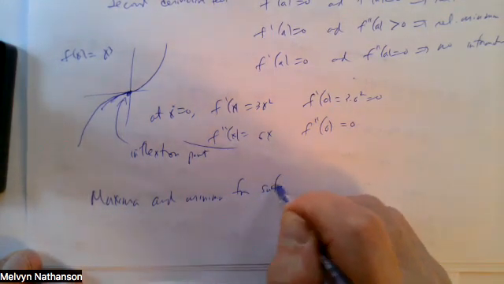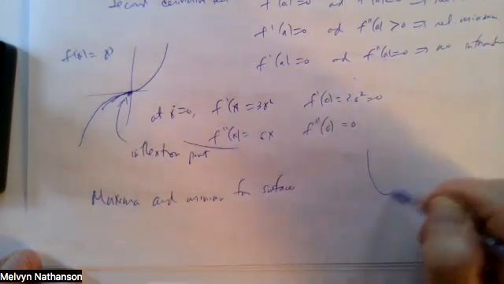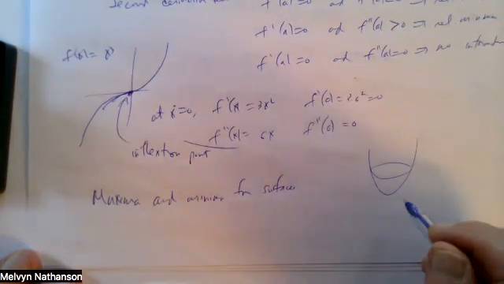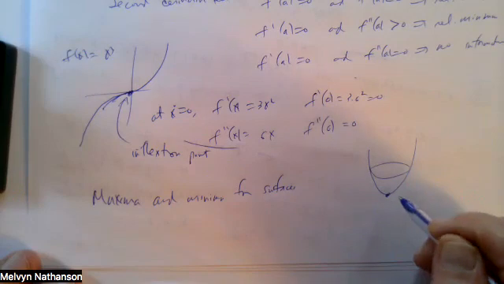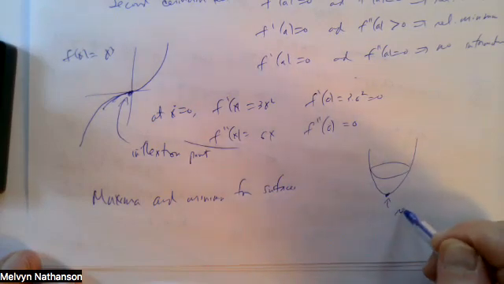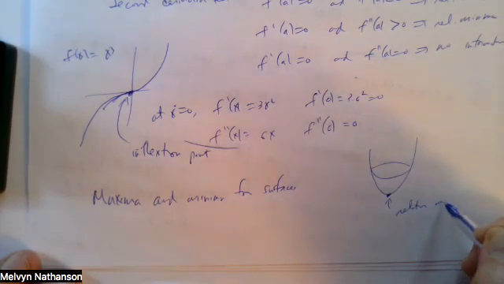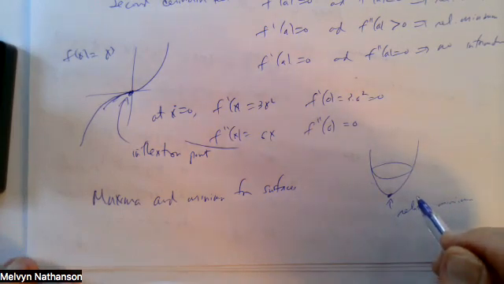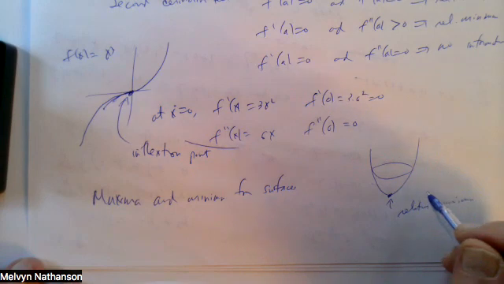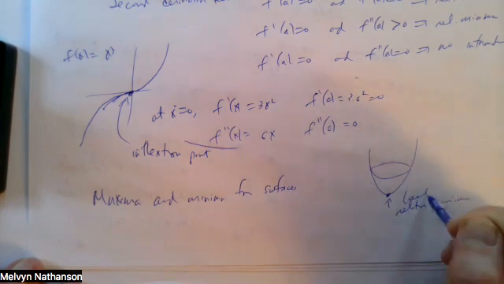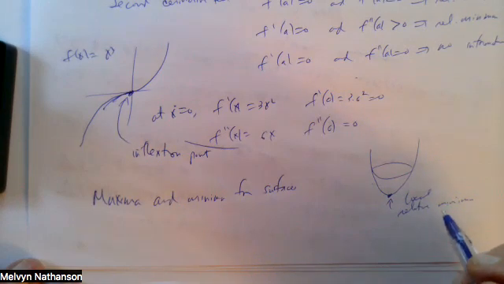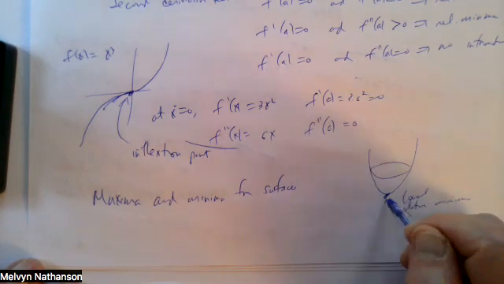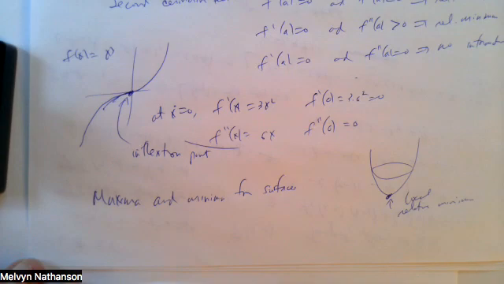for surfaces. So for example, if you have a kind of paraboloid, this point here at the bottom will be a relative minimum. Or sometimes these are called local minimums, local maximums. And how do you find such a point? That's the question.